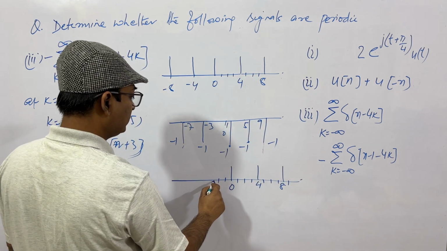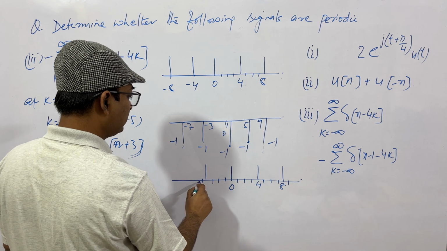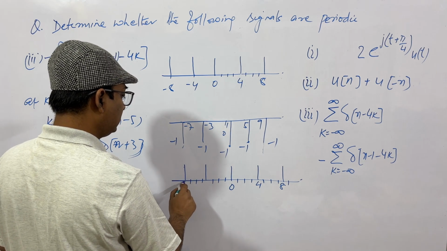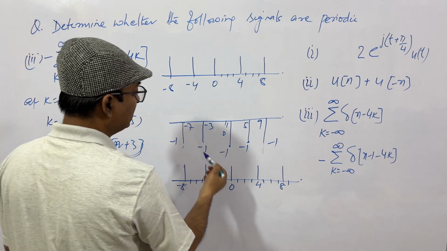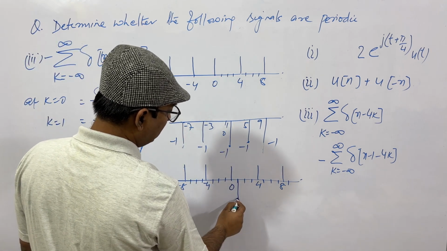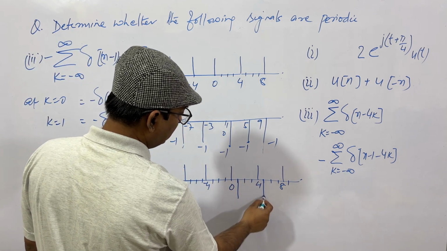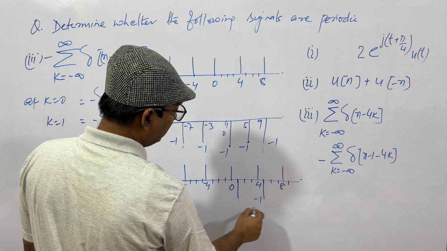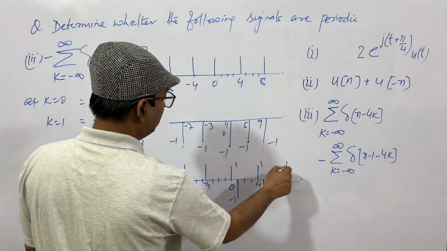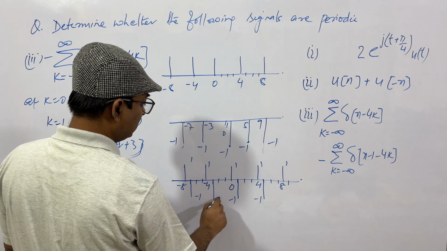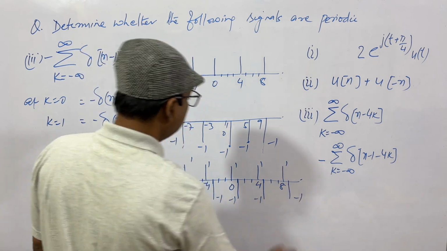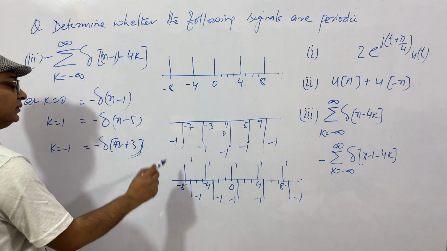Similarly, minus 1, minus 2, minus 3, minus 4, minus 5, minus 6, minus 7, minus 8. Okay, minus 8, minus 4. So this is the first signal, and the second signal will be superimposed here. This is at minus 1, then at 5, this is 1, 1, 1, 1, 1, at minus 7, at minus 3. So this will be the resultant signal.